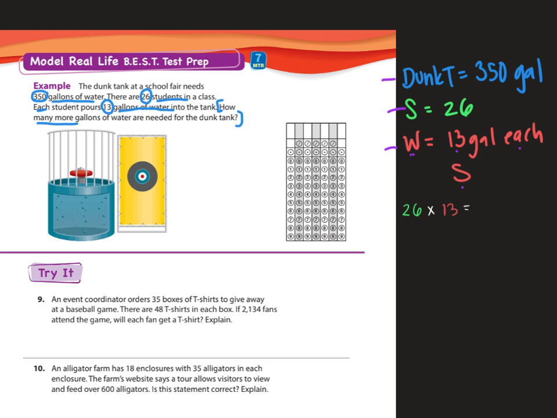I am going to break apart and then distribute. So let's break apart one of these numbers. I'm going to break apart 13 into 10 and 3. I know 10 plus 3 equals 13, but I still need to multiply that by 26.